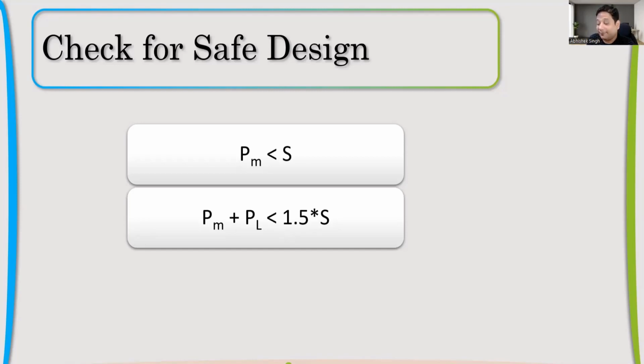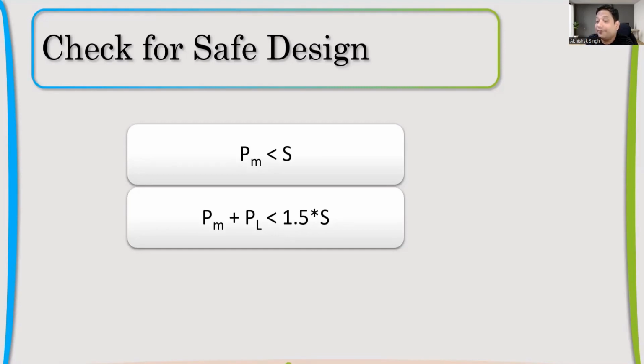Now you are, so because these are only local in nature, we are allowing it a little higher, because we know that, see, if you just break that 1.5 times S, what exactly it is? S is 2/3 of yield. So if we just break 1.5, it's 2 by 3, 3 by 2. So if we just multiply, it will become, means we are allowing up to yield. So because these are very local in nature, we are allowing it to yield. Why? Because it is local, it will not fail.